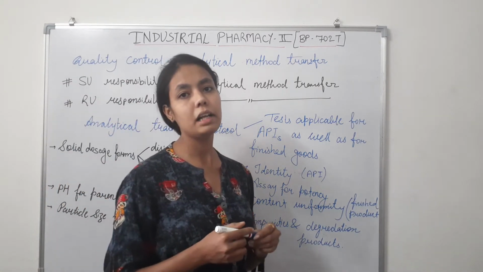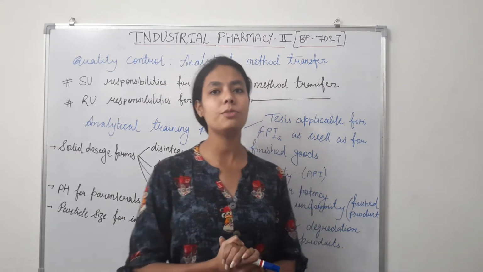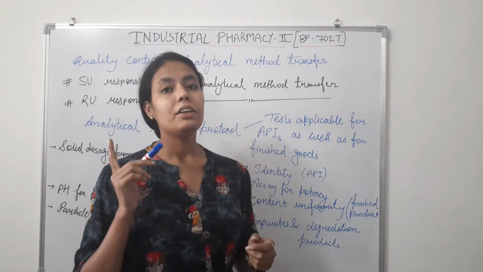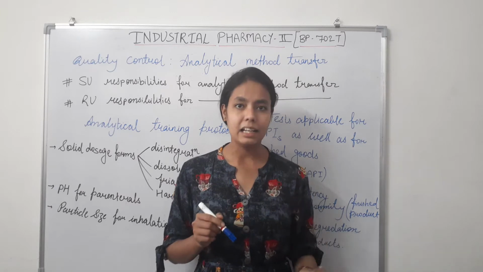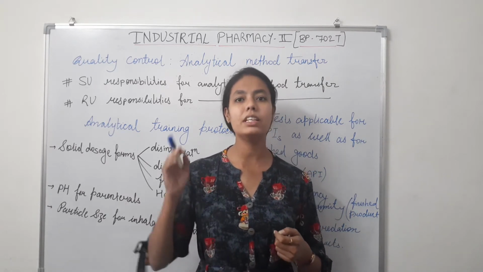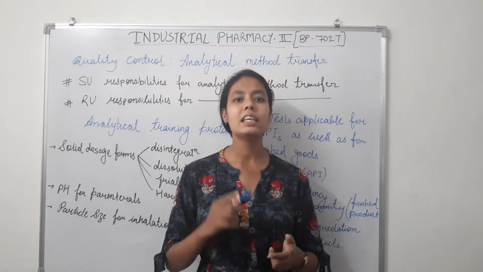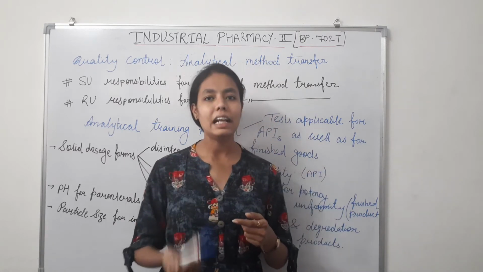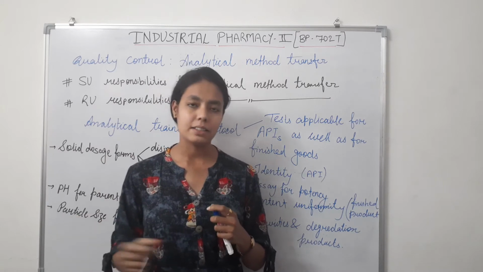The responsibilities of the sending unit for a successful analytical method transfer are: the sending unit should provide method specific training to the analysts and other quality control staff at the receiving unit, and also provide the acceptance criteria and validation protocol for the receiving unit training exercise.